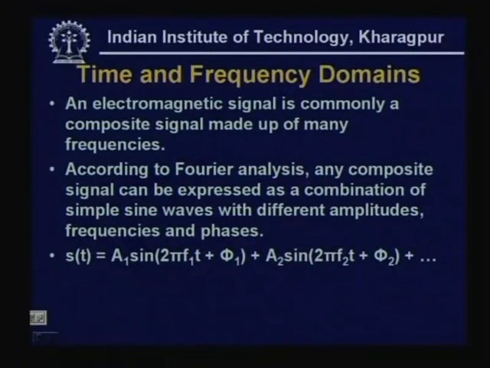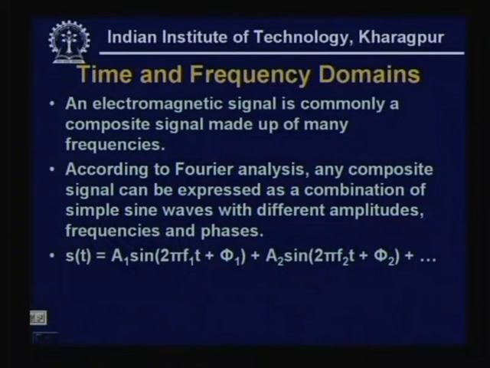However, whenever you vary the amplitude, phase or frequency, it becomes a composite signal, and that composite signal, shown on the oscilloscope, does not convey much meaning to us. In such a situation, it is better to have a frequency domain representation of the signal.